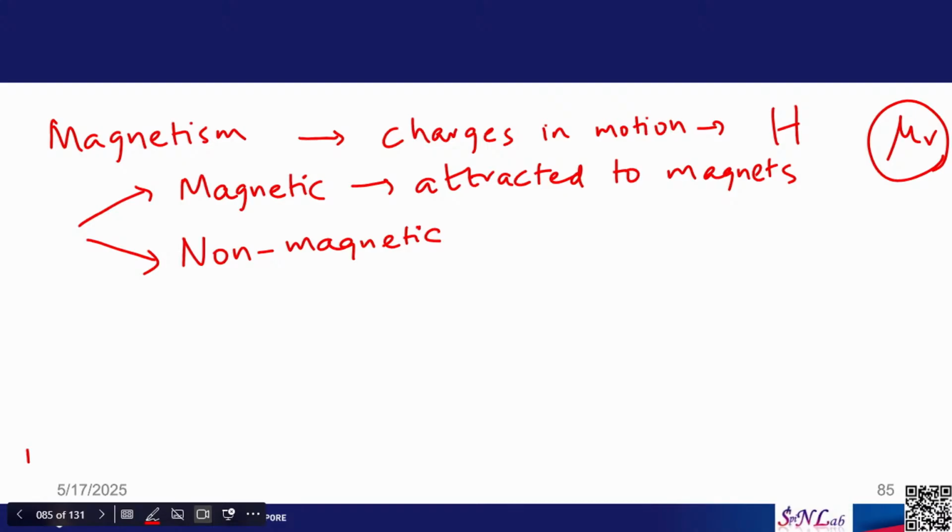But physicists have a different classification. The magnetic materials that get attracted to magnets belong to two types, ferromagnets and ferrimagnets, and the materials that do not strongly get attracted or repelled, which are non-magnetic, belong to three types.